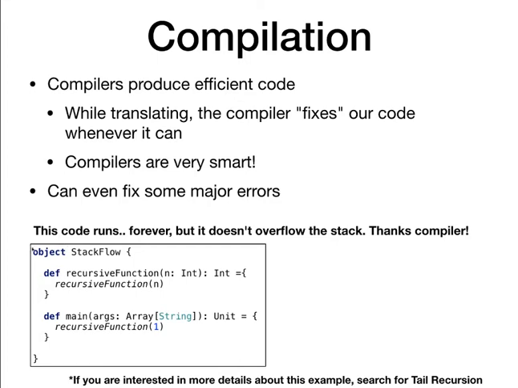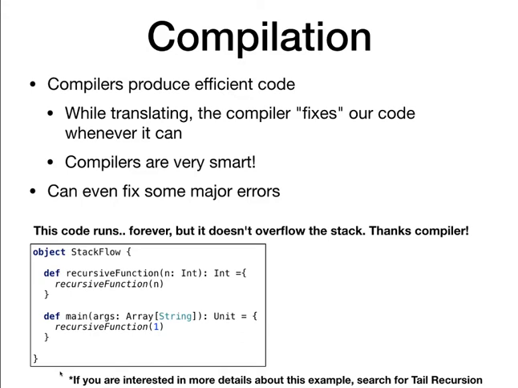For example, here's one thing that Scala's compiler is going to fix for us. We'll talk a bit more about this in the last example today, but this code here should cause a stack overflow. It's going to fill up your entire stack memory with stack frames and just blow up. That actually doesn't happen in this case.